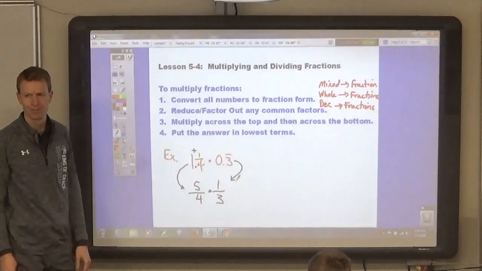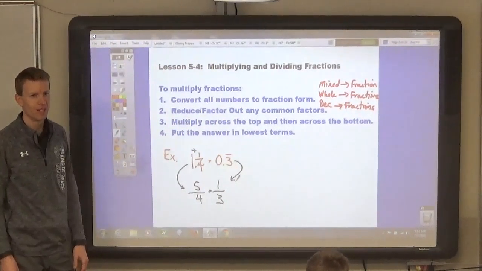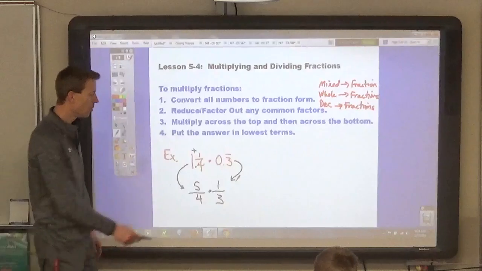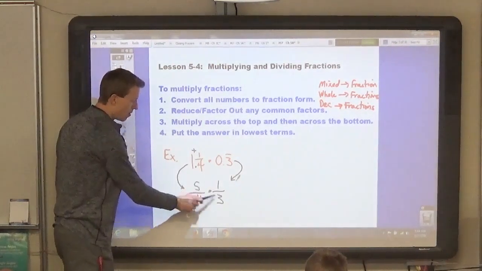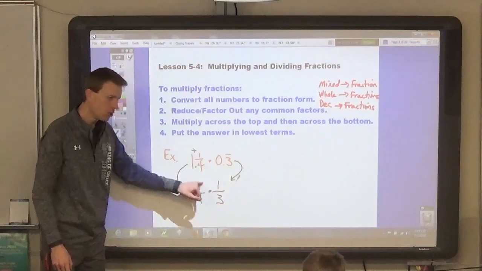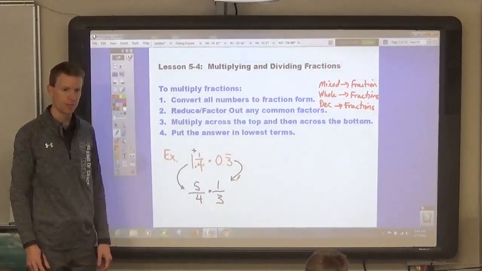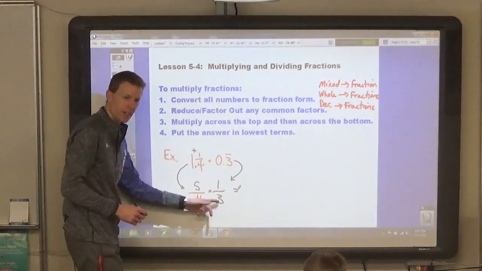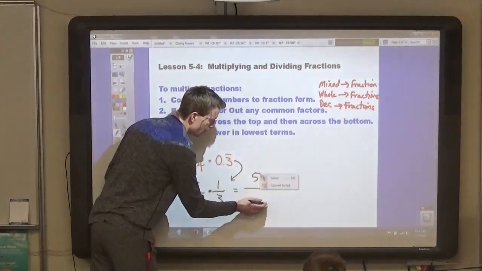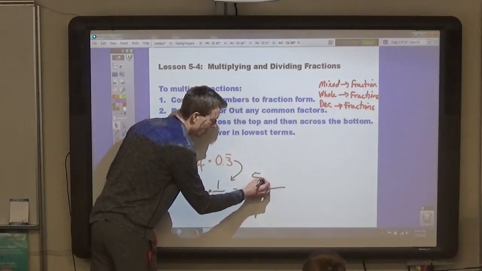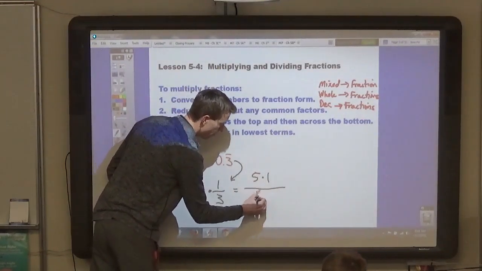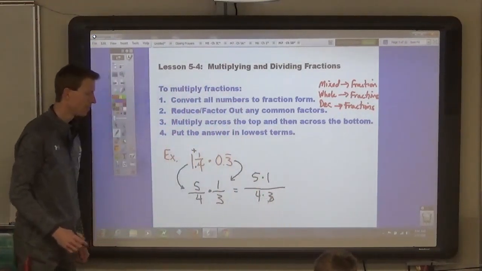What does that mean? Anybody know? We worked on this last year a little bit. What you'll do is you'll look across and see if there's any common factors you can factor out to reduce this fraction. One of the ways that we could rewrite this is just over one line, like 5 times 1 over 4 times 3, right?